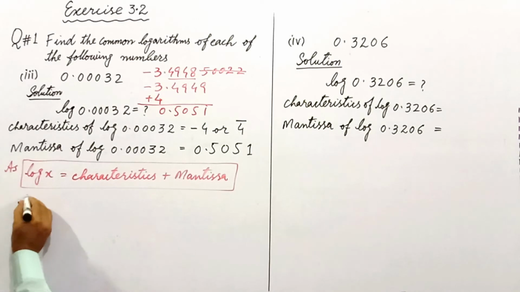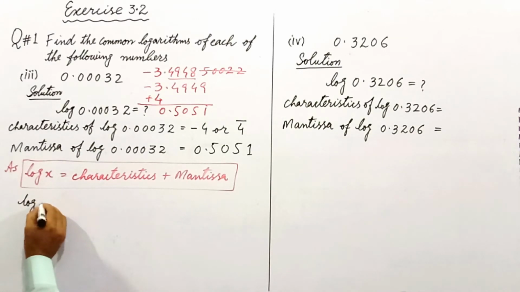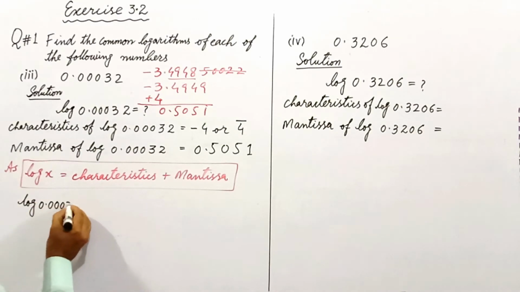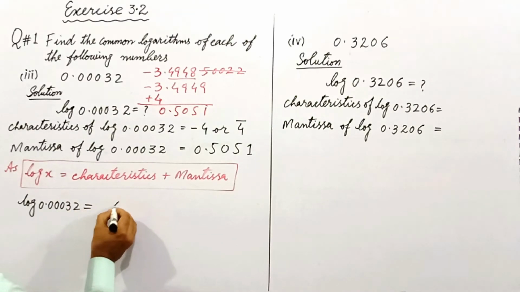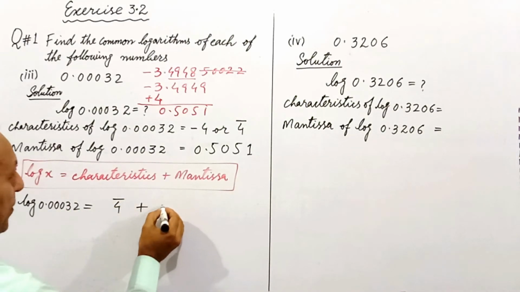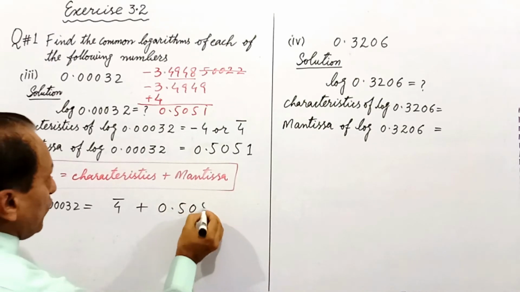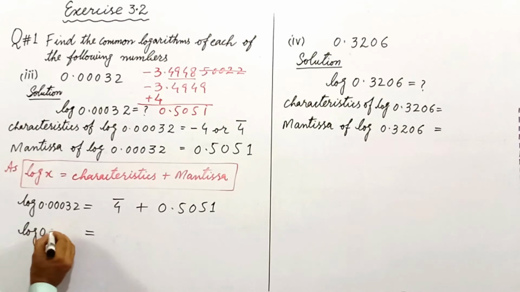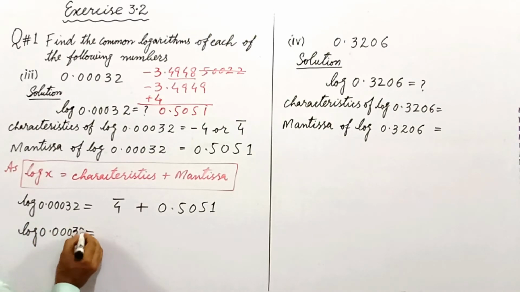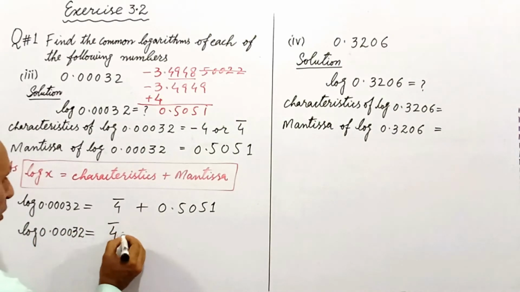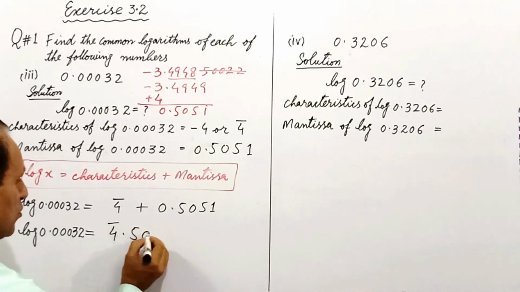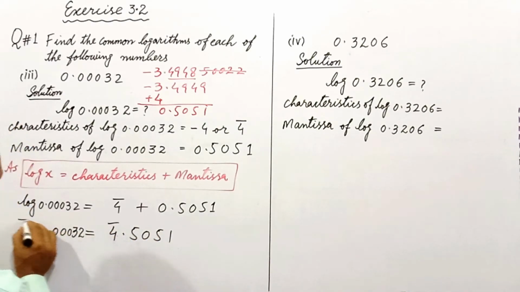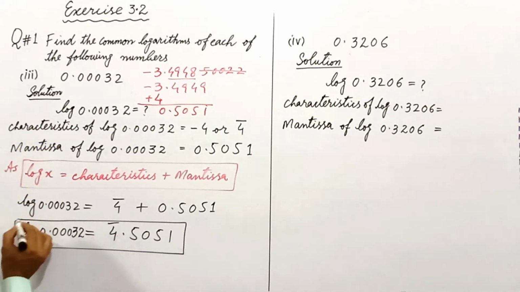Now we replace the values: log 0.00032 is equal to the characteristic 4 bar plus the mantissa 0.5051, so log 0.00032 is equal to 4 bar 0.5051. Keep in mind that the calculator does not understand 4 bar, as it is not fed into it.